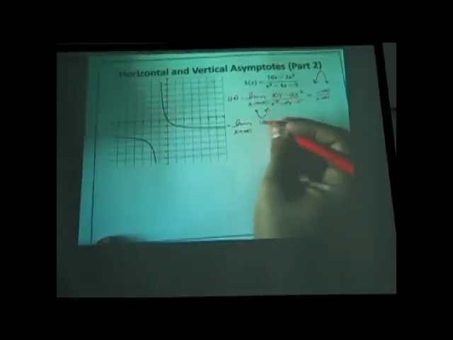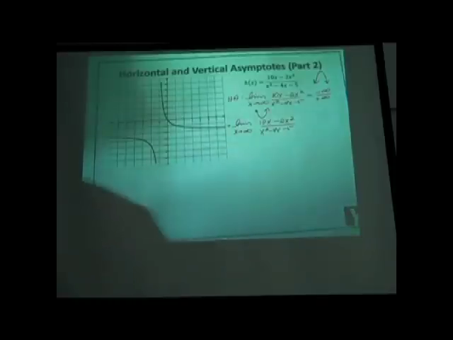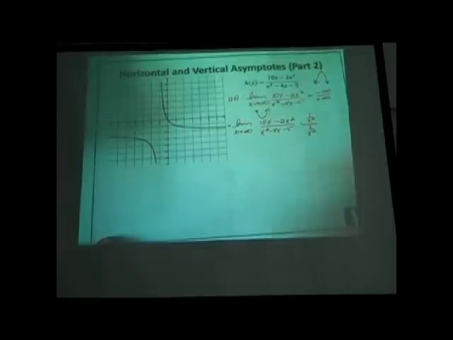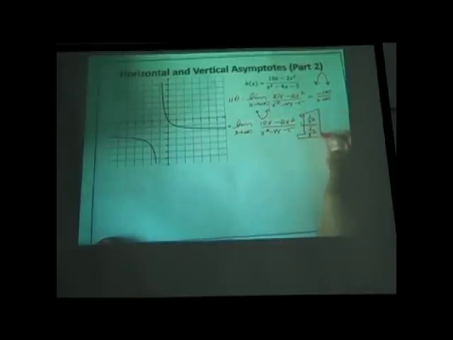We're going to take 10x minus 2x squared over x squared minus 4x minus 5. And we're going to multiply this whole expression by 1 over x squared in the numerator and 1 over x squared in the denominator. What is that? That is our old friend, Fancy 1 from middle school.